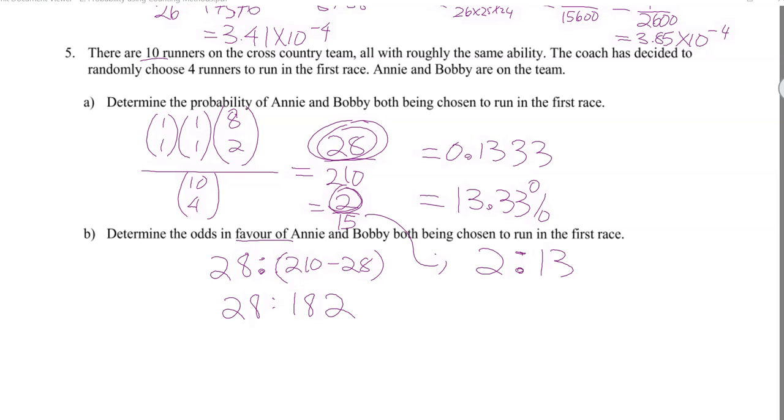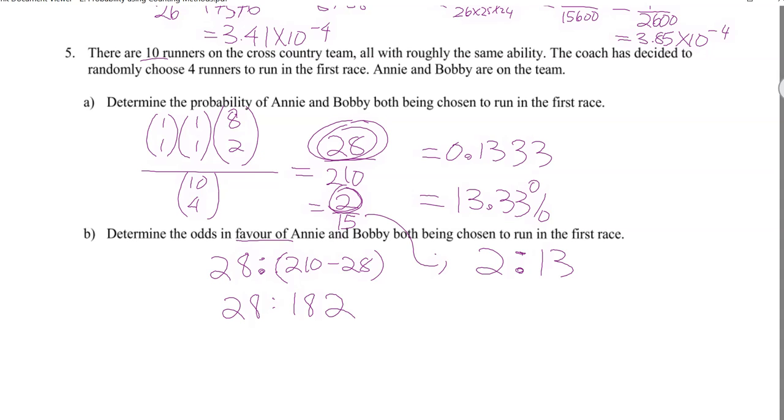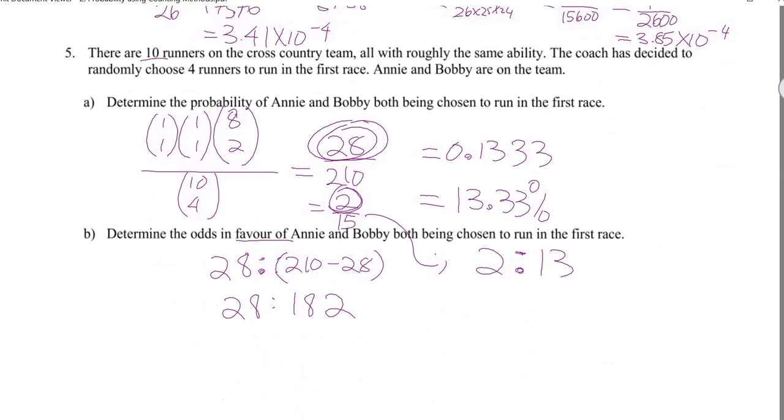If I go 28 divided by 182, math, enter, it's going to say 2 over 13. Now remember, don't write it as a fraction, write it as a ratio, 2 to 13. So favorable, odds in favor, total. And I think that's it. We're done. 2 down.